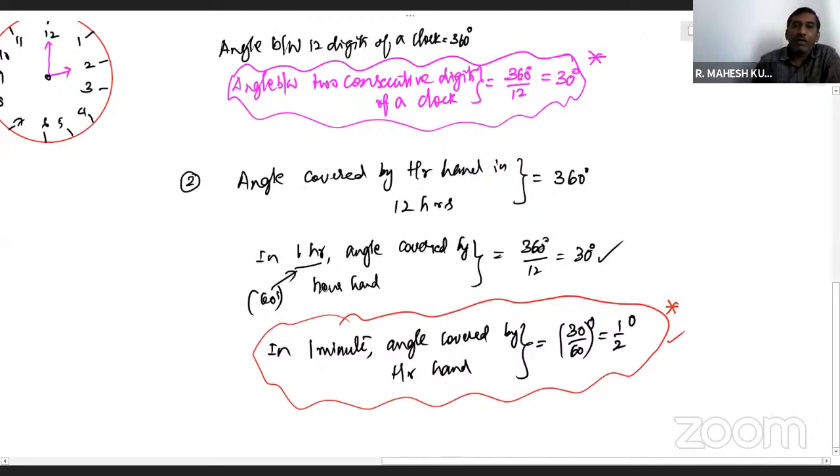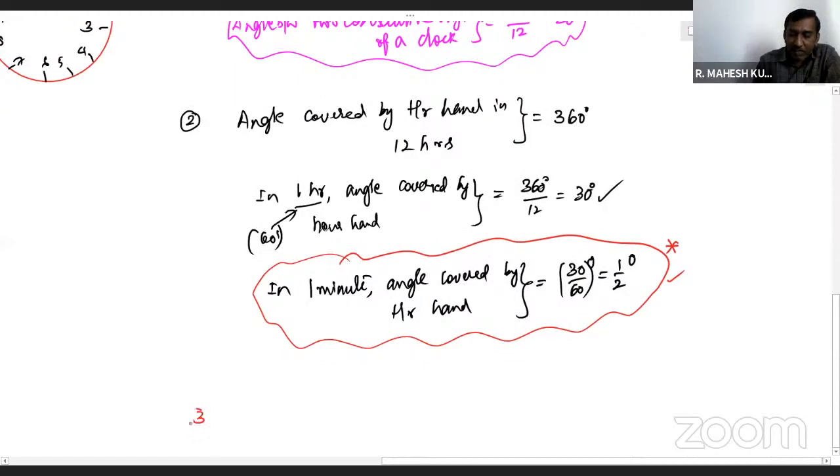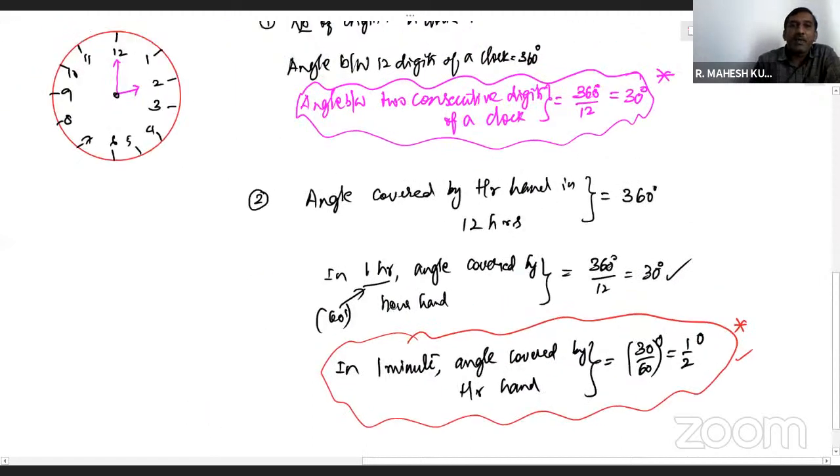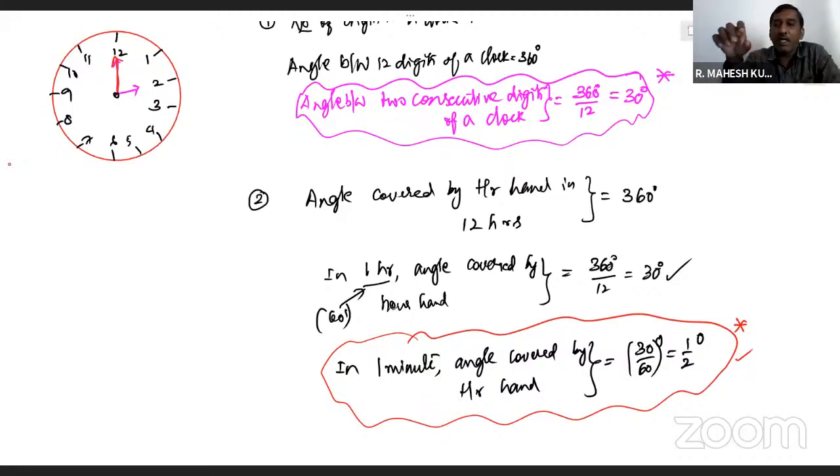Now let's look at the minute hand again. Suppose this minute hand, the bigger hand of the clock, completes one circle, it covers 60 minutes. 60 minutes means it covers 1 hour. So if it covers 1 hour, it is going to complete one circle. Therefore, it is going to complete 360 degrees.